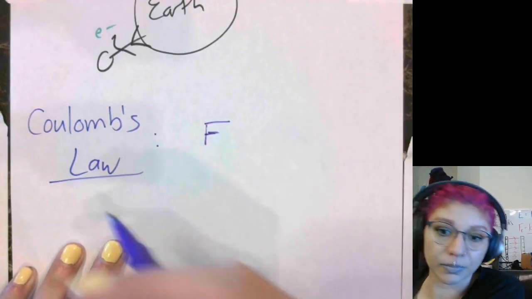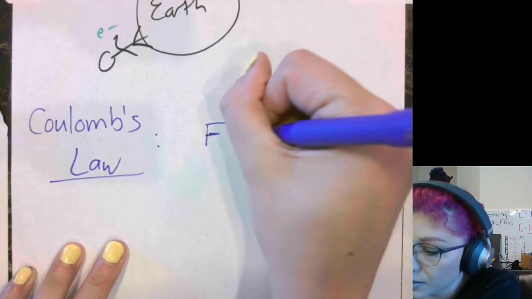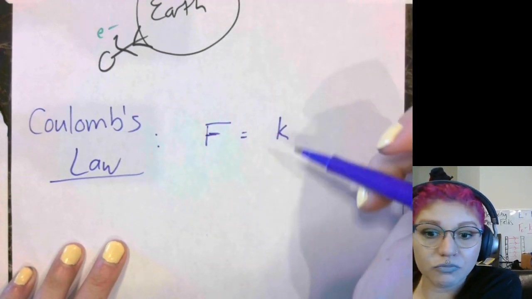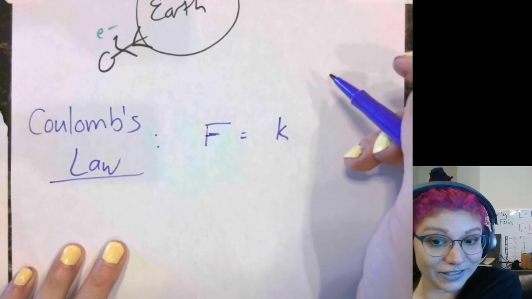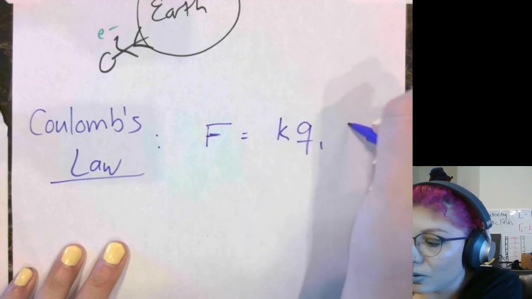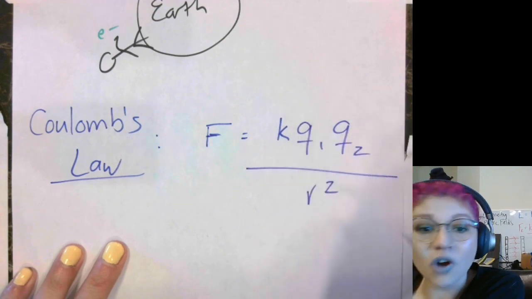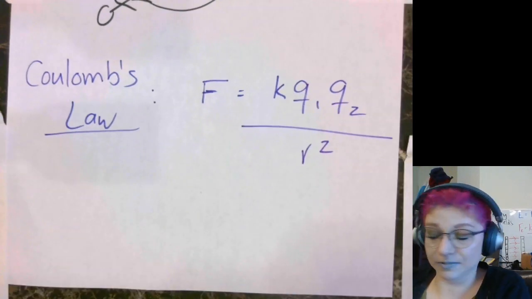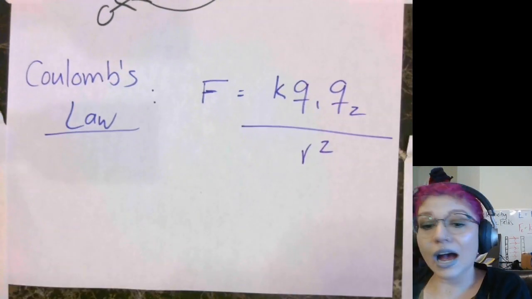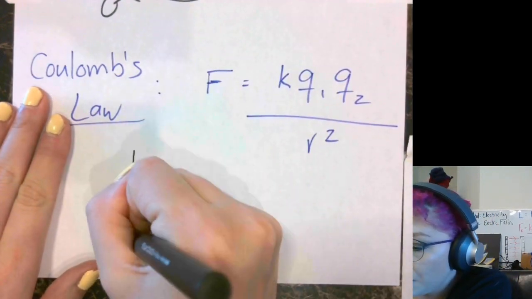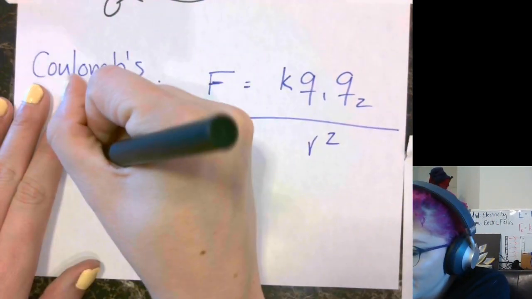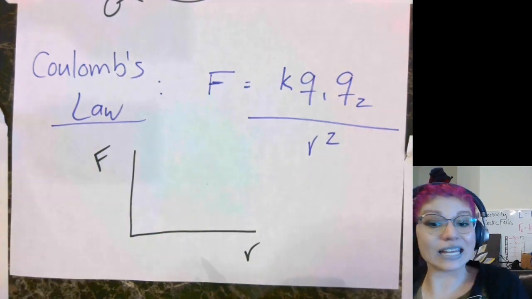So the attraction, the repulsion, the force between them. And we maybe remember there was a constant in there, and that we looked at two charges, Q1 and Q2, over the square of the distance. And I asked y'all to tell me graphically how that force and that distance were related.